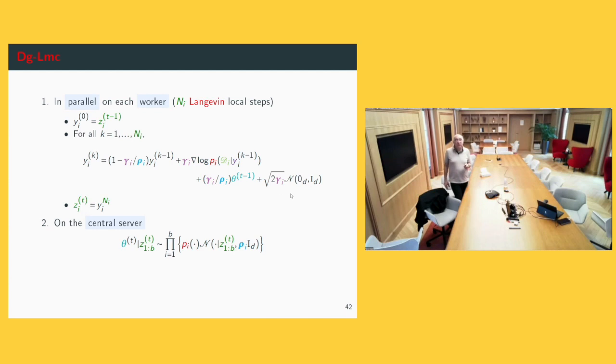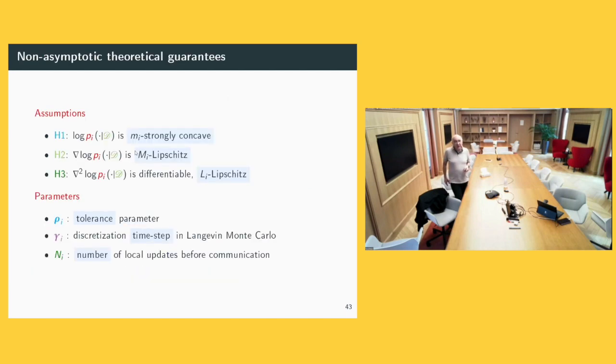Then you add some noise, which can be correlated among users. You do that ni times, so you do several local Langevin steps on each user, on each agent, and on the central server you perform the Bayes step, which is completely explicit in that case.